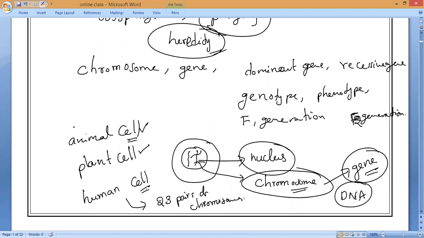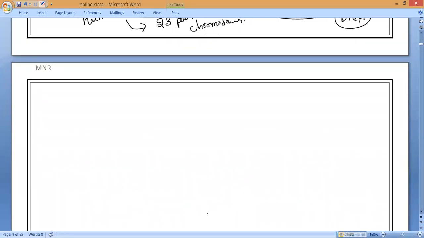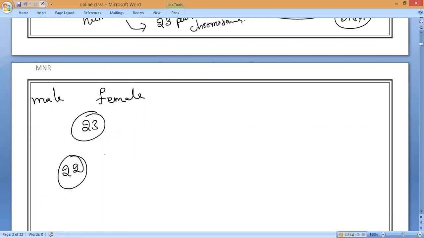In that, 22 pairs of chromosomes match in male and female. So whether you take a male cell or a female cell, out of 23, 22 chromosomes will be exactly the same.